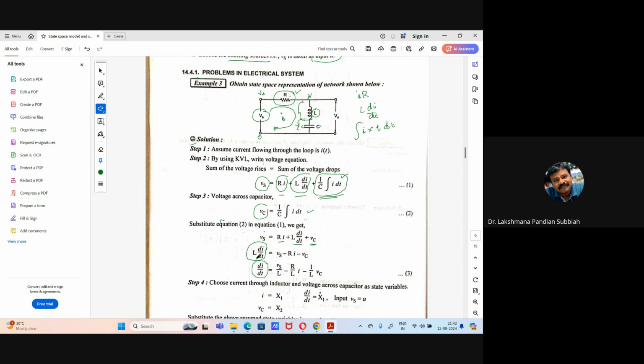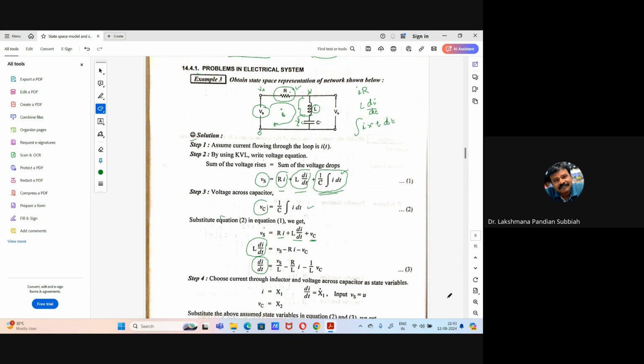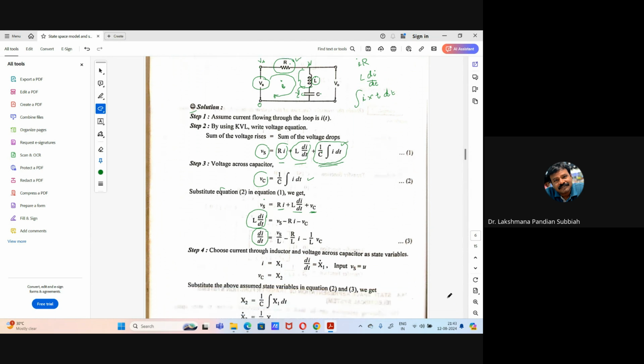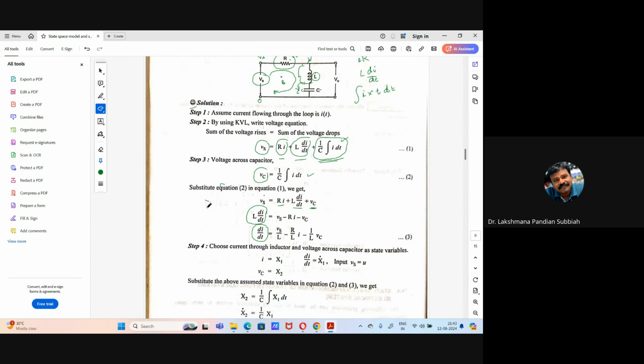Here the equation is in the form dI by dt equal to Vs by L minus R by L i minus 1 by L Vc. Then how do we represent it in the state-based representation? I told you that the current I is one variable, so we call it x1.